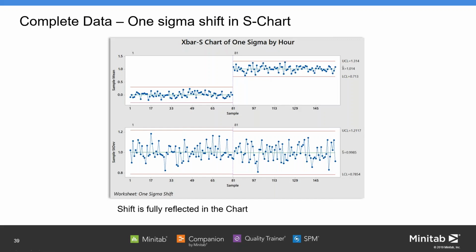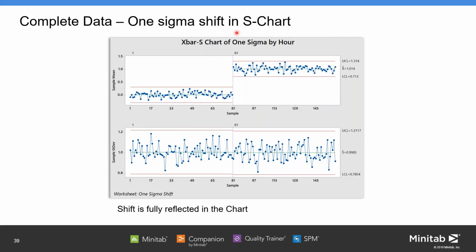This is quite easy to do in Minitab using the stages function. So what I want to do is see that my process is in control both before and after. You can now see that this is fully in control. This is with my full data set.